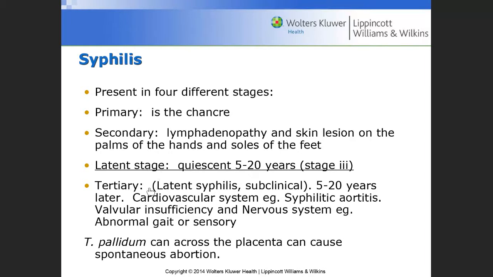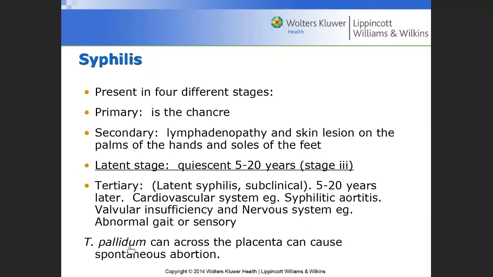And they usually stay dormant for many years, called stage 3. And then stage 4, the tertiary stage, they come back out, and it could be years later. And that's when they start to have cardiovascular disease, and they may have abnormal gait as well, neurological symptoms as well.